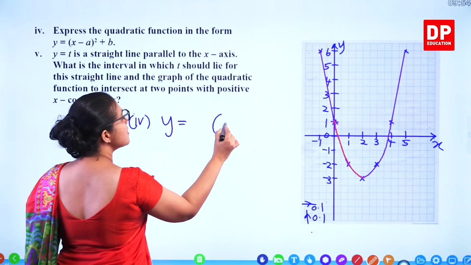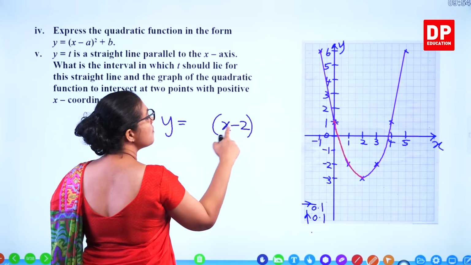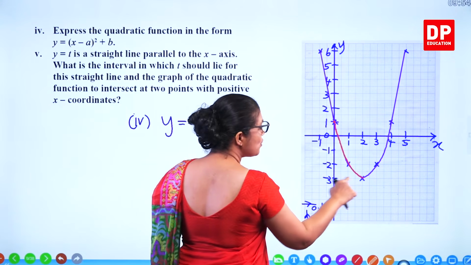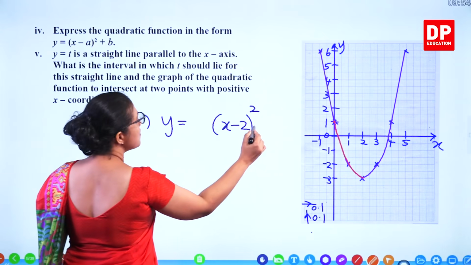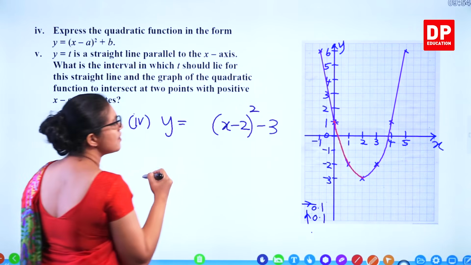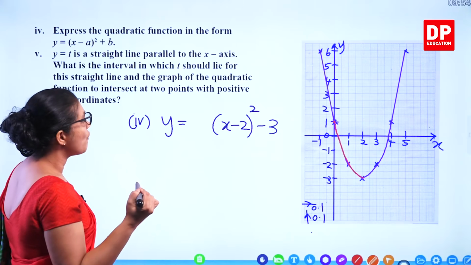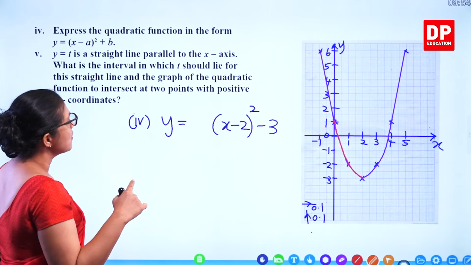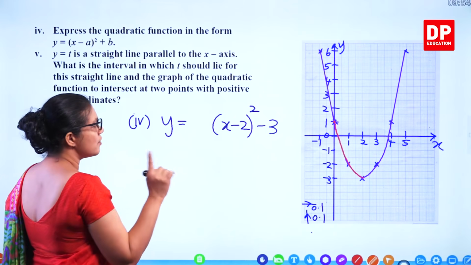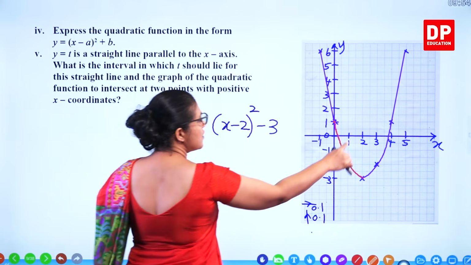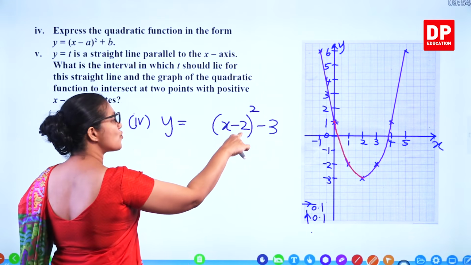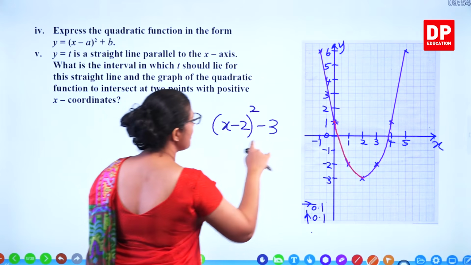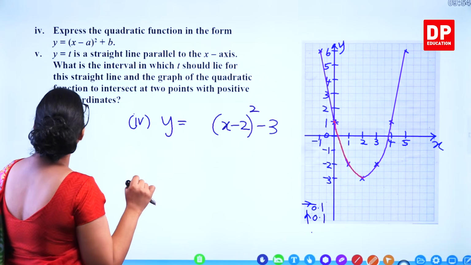So the square term becomes x minus 2 squared. And then the y value is minus 3, that comes as b, minus 3. So that's the equation of the quadratic function graph. So here, if this is 2, this becomes minus 2, and here you write as it is, the y value, minus 3. So that's the 4th part.